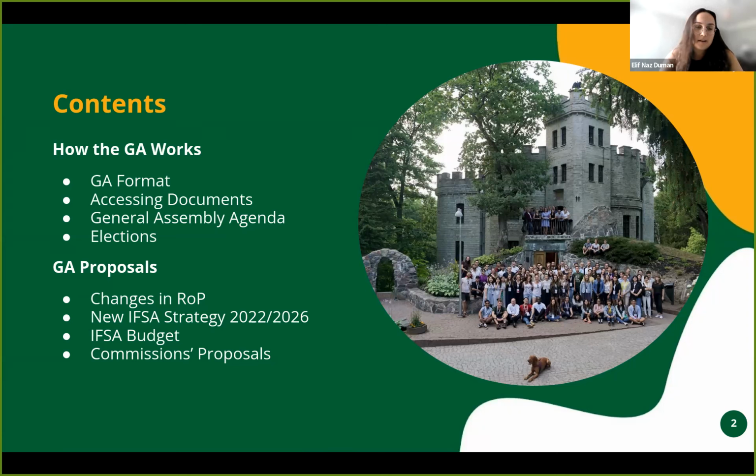The second part is the proposals that we are going to vote on during the General Assembly, which are the changes in rules of procedure and the new IFSA strategy for the upcoming 4 years, the IFSA budget, and lastly, the Commission's proposals. So let's start our workshop with the how the GA works part.